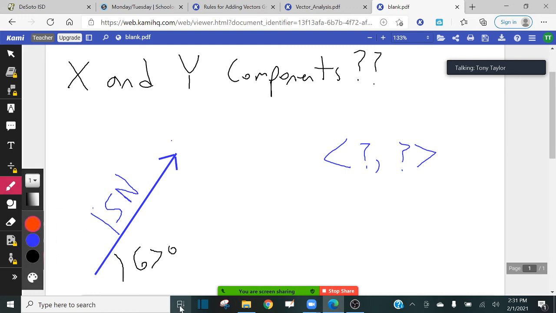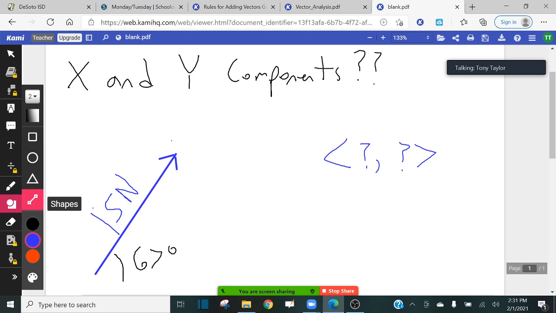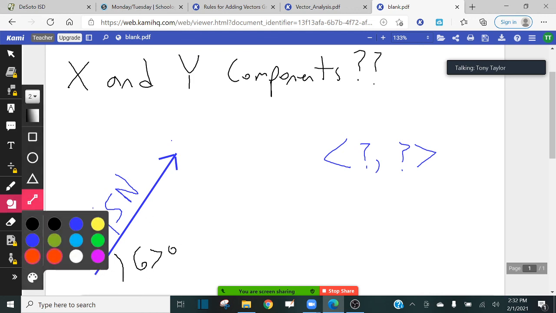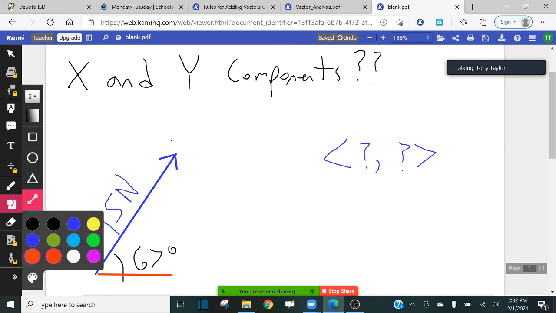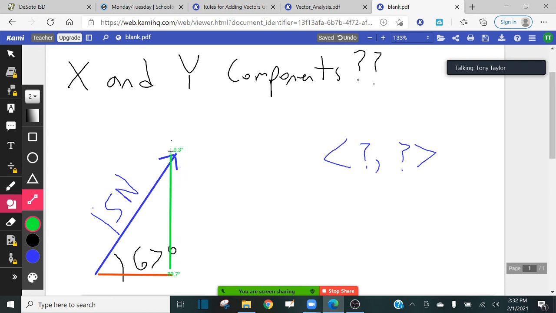Notice how this vector clearly has an x component, and it also clearly has a y component. I'm sorry I'm not drawing these lines perfectly, but y'all get the point.